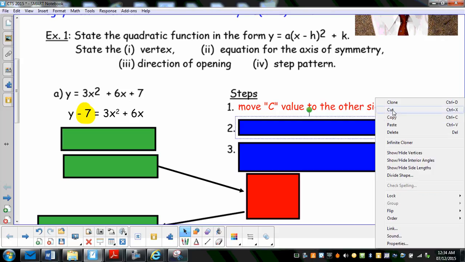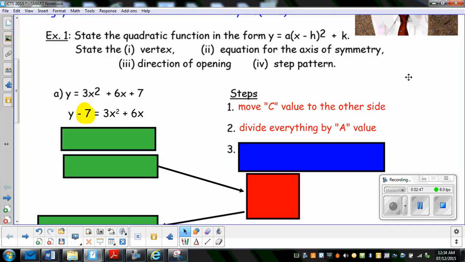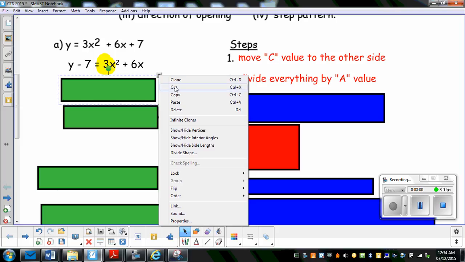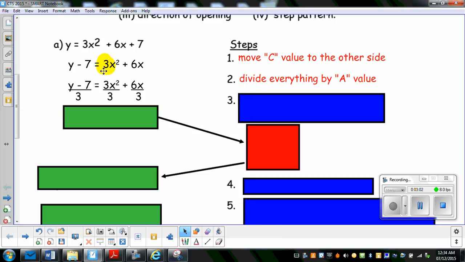The next step is to divide everything by the a value, which is the value in front of the x squared. You can see we divided by 3 on the left side, so we put a line underneath the y minus 7 and divide it by 3.